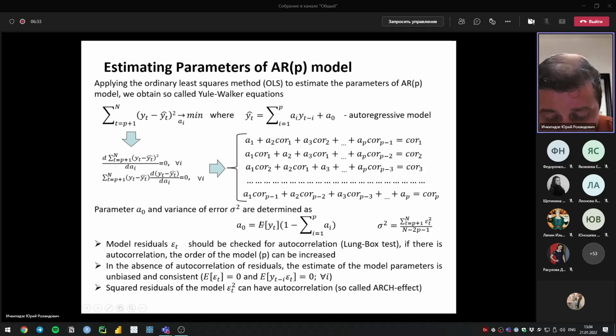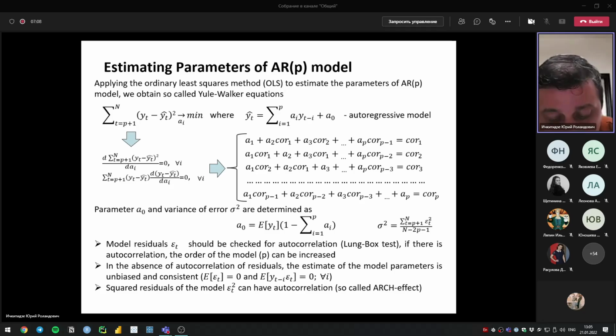As a matter of fact, these autoregression coefficients pull over the main content of the autocorrelation coefficients of the analyzed time series, and therefore residuals of the autoregressive model are not autocorrelated. That is, if you build the model correctly, then its essence is that the residuals become independent random variables, pure white noise.